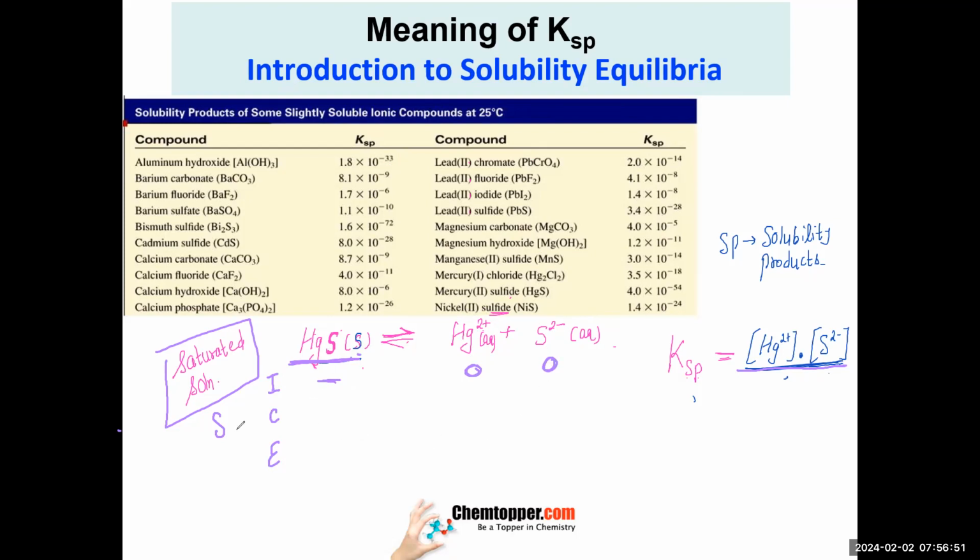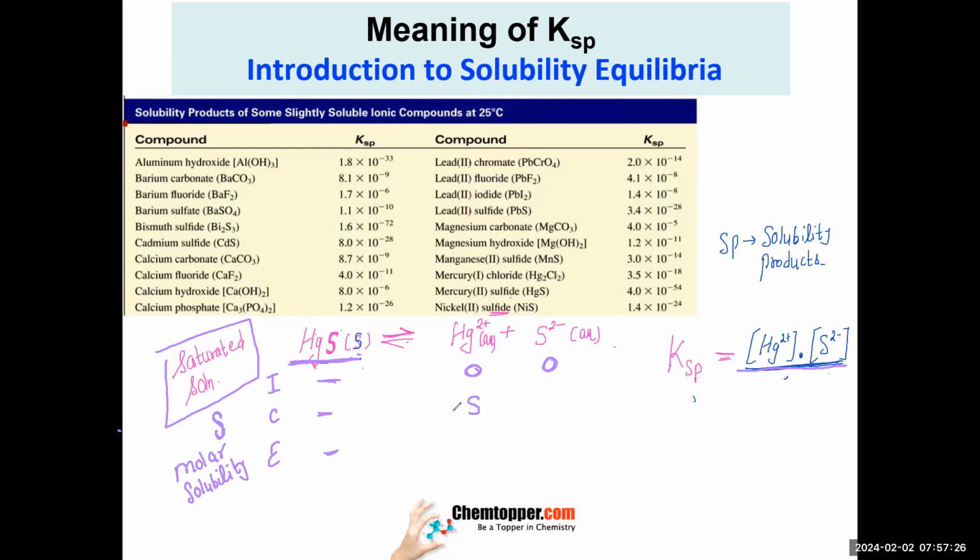Now let's say S moles, S is the molar solubility. It's a new term. I'm not using X here. You remember earlier we were using X for the change. Here we are using S. Molar solubility is S, so it means S moles of this HgS per liter have gone into the solution. This is solid, so we are not interested. But how much Hg2 plus has come?